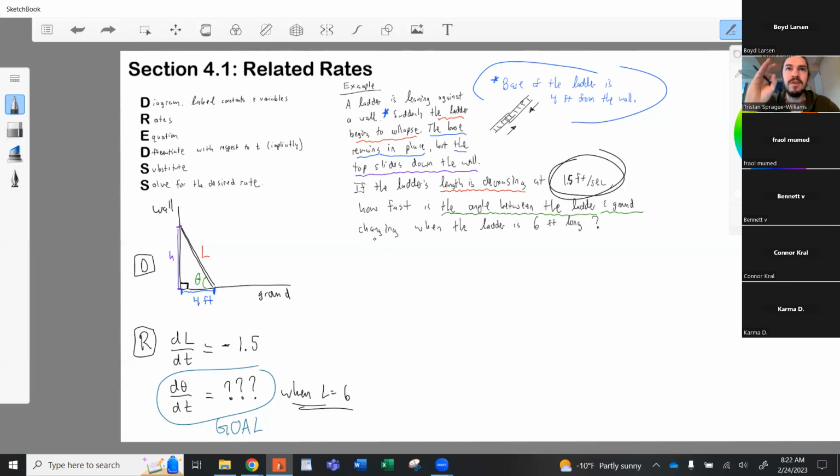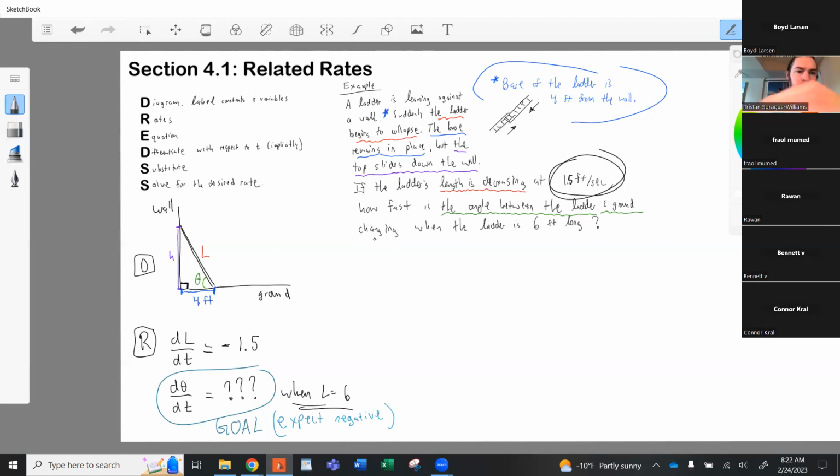Is that angle getting smaller or bigger? Smaller. Yeah, great job. So I'm going to write here, just as a note to myself, expect negative. We should expect a negative answer. If we get a positive answer, then we can go back and see if we made a mistake somewhere.